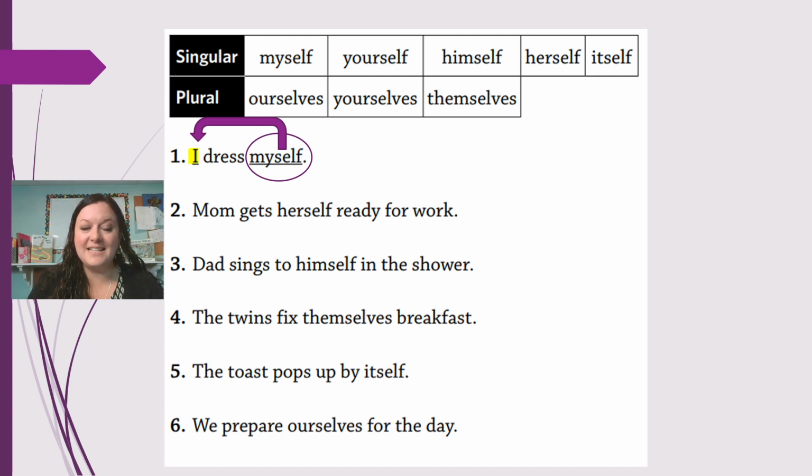Let's read the second sentence together. Mom gets herself ready for work. Who is the sentence about? The sentence is about mom, so mom is our subject. Think for a minute about who she's getting ready.